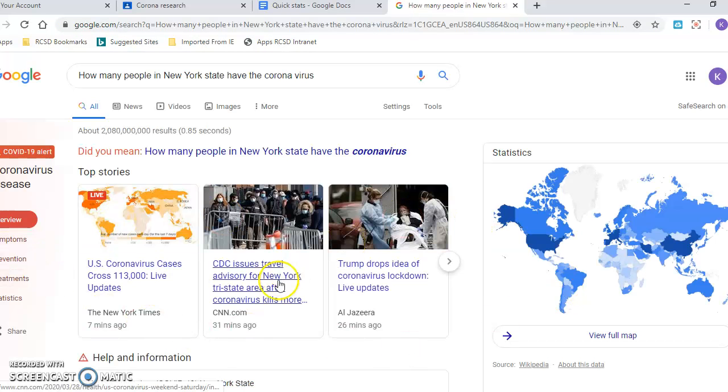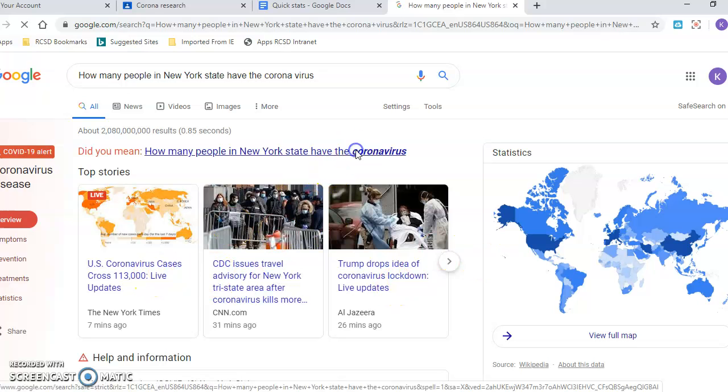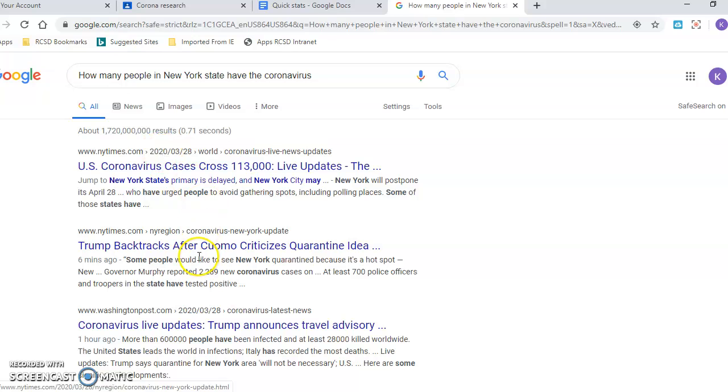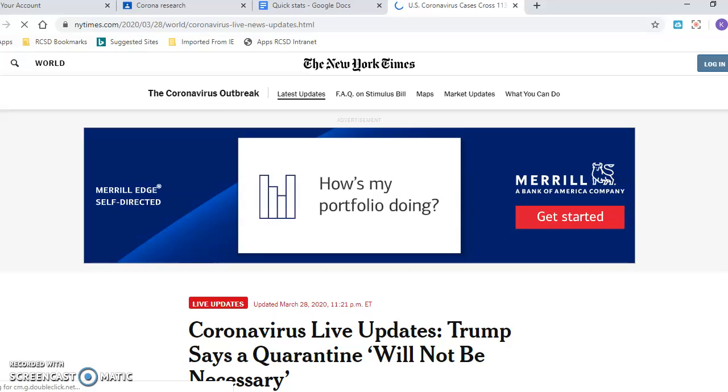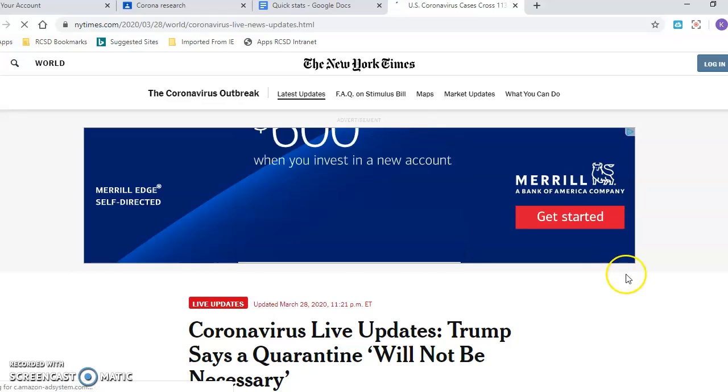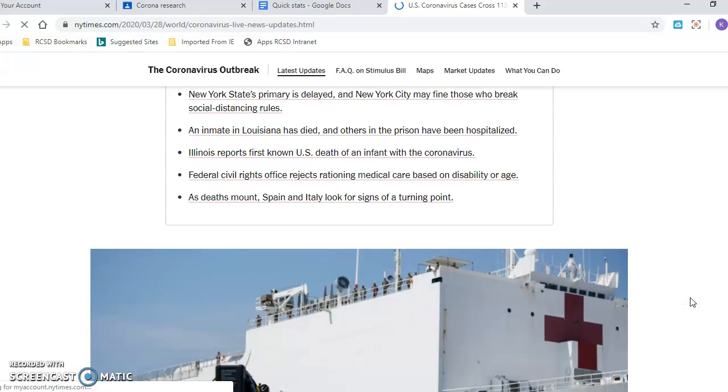Now all this stuff comes up, so clicking on any of these can probably help you. I guess coronavirus is one word, I thought it was two. Anyway, I can look at this, and this says the live updates. We can try to find a number here. It's not letting me scroll down. Annoying. Oh, now it's going.